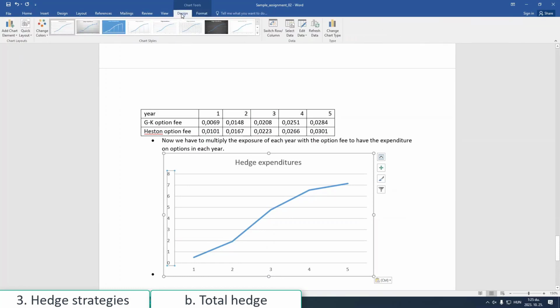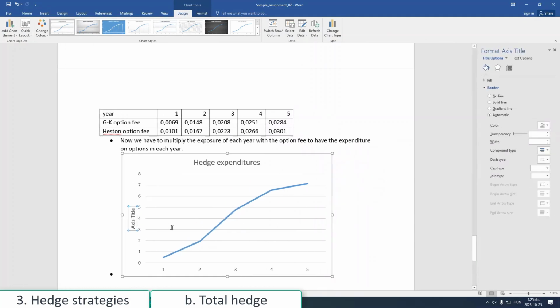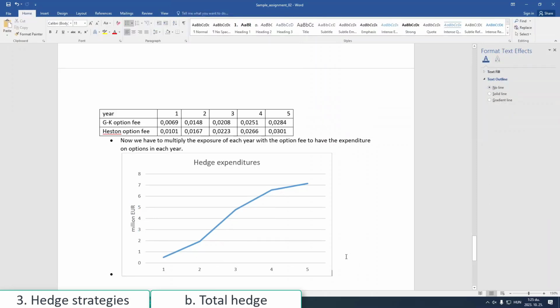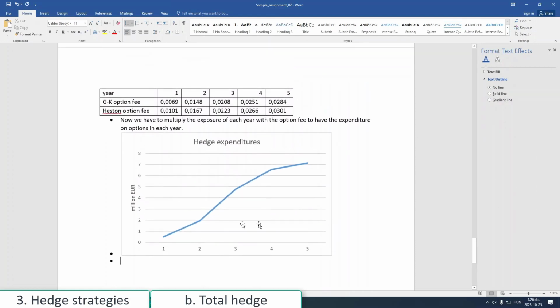And let's also add euros, so we are not talking about bread or something, but we are measuring it. Million euros, this one is obvious that we are talking about years, I think so.